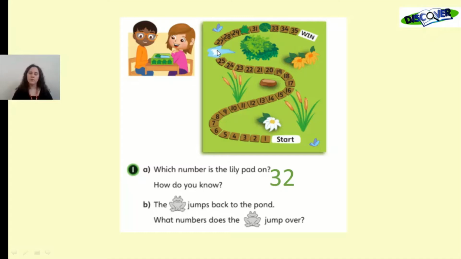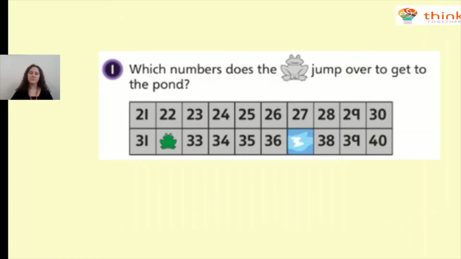Oh, so we know the pond is on 26. But what numbers did we say in between 26 and 30? Amazing. The numbers in between were 29, 28 and 27. So those are the numbers that we needed to jump over to reach the pond. Well done if you got those.